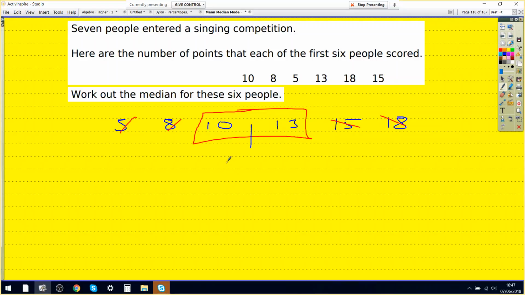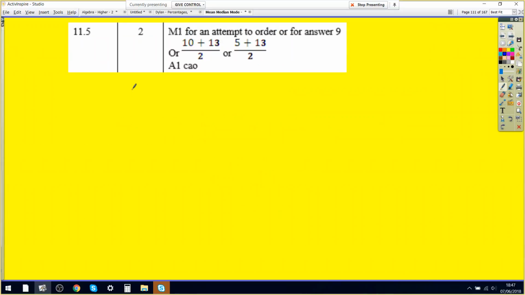So that'd be 11. No, 11.5. Correct. And if you're ever stuck, you just add the 2 numbers together and divide by 2. So it's like finding the mean of those 2 numbers. To find the midpoint, you just add them together and half it. So that's 11.5, which you got.